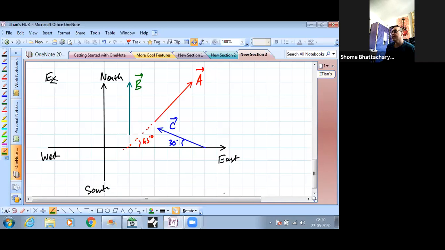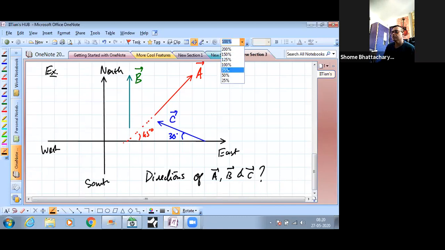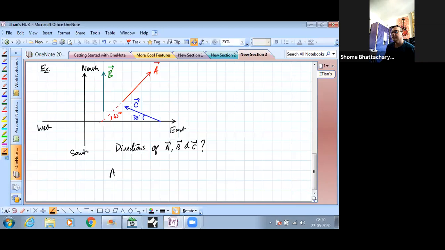Then according to the direction of the arrows, you can see over here that if I ask you what are the directions of vectors E, B and C from the diagram, you can see directly from the diagram that vector E points towards northeast.